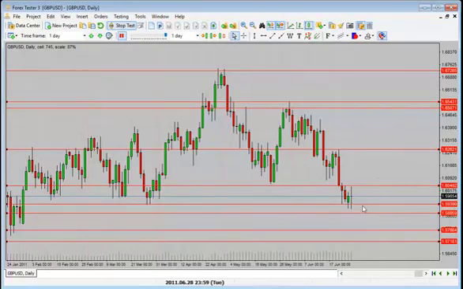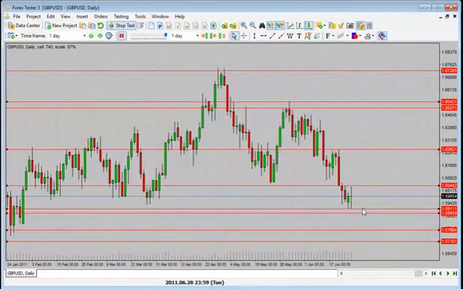So at this point, I would be looking for price to find a bias. So if price goes into the high here and holds below, then I'd be looking for a sell. Price goes into the bottom and holds above, I'm looking for a buy. So let's take a look.